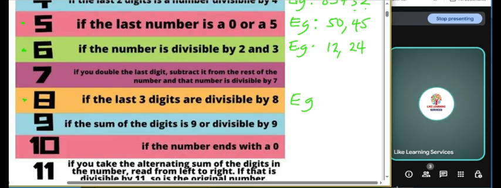If you have, for example, 463,096. What is 8 times 11? 8 times 10 is 80, plus 8, 88. Okay. Do you know that this is divisible by 8?